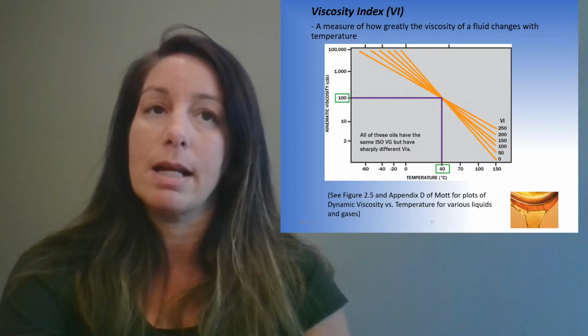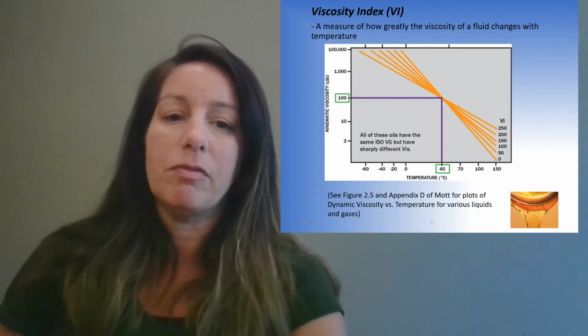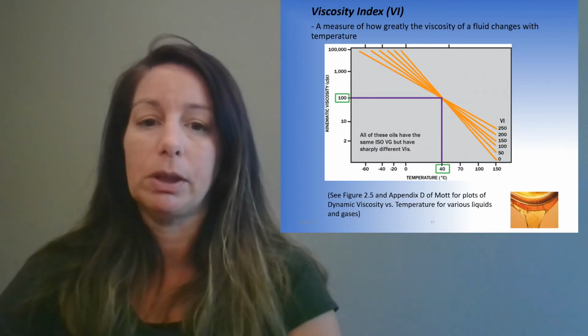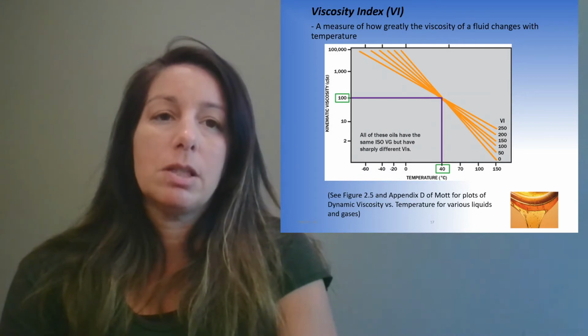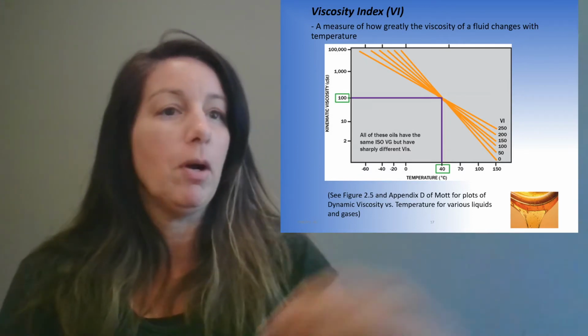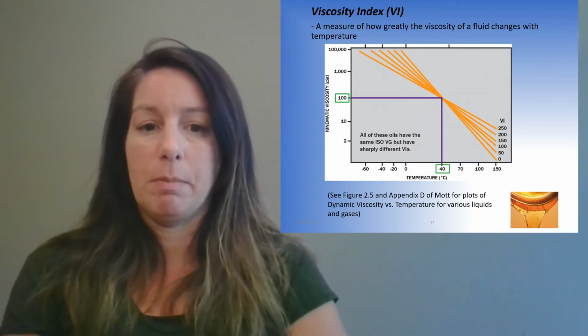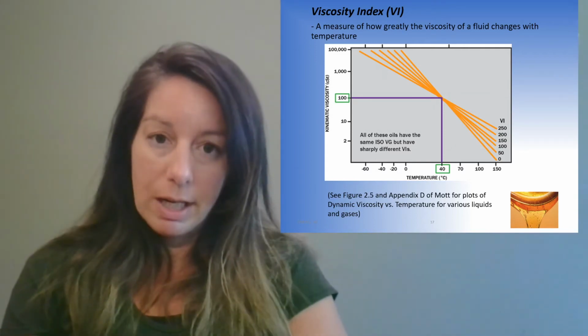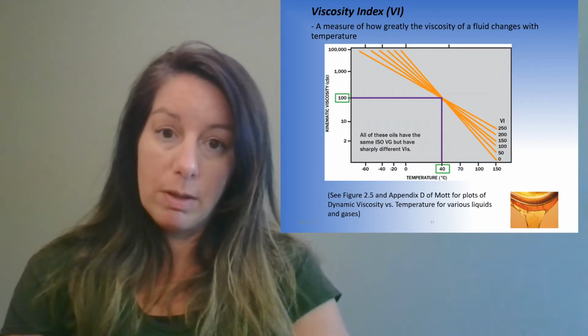Viscosity index, in this case VI, is a measure of how greatly the viscosity of a fluid changes with its temperature. So see this figure 2.5 and Appendix D of the book for plots of dynamic viscosity and temperature for various liquids and gases. Remember, fluids are going to be both liquids and gases.